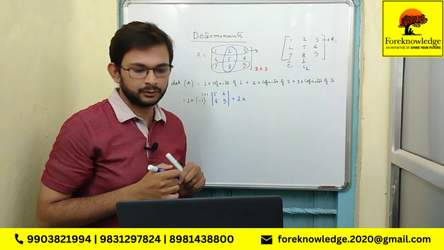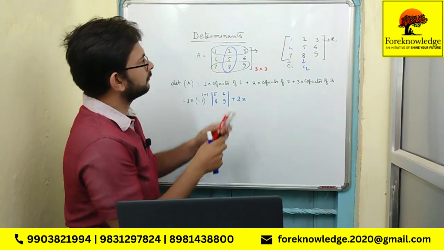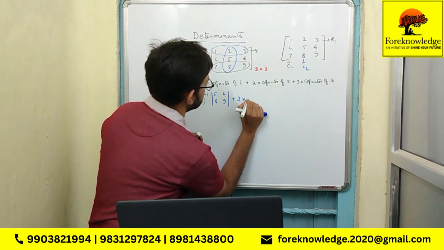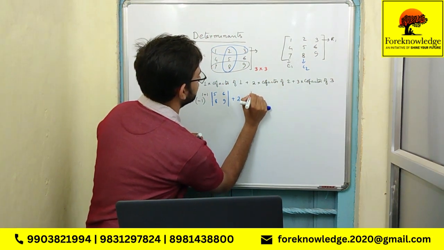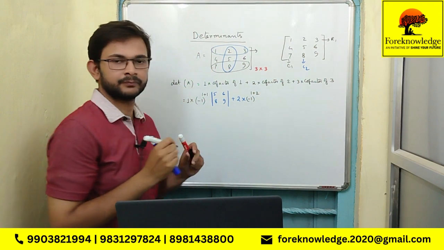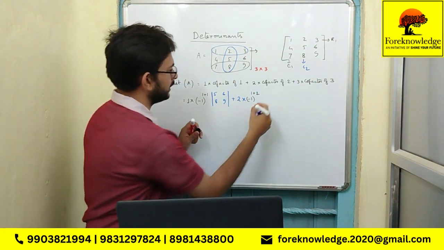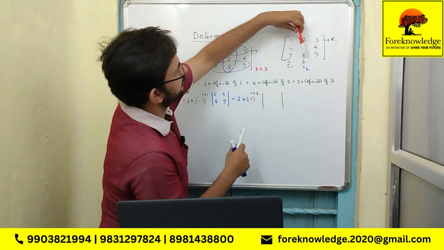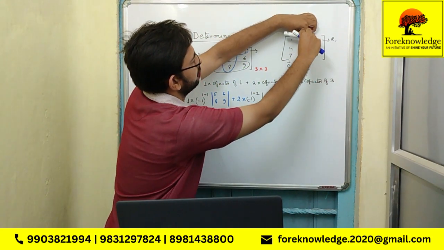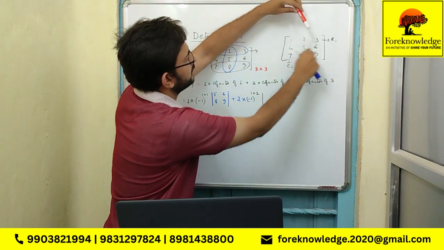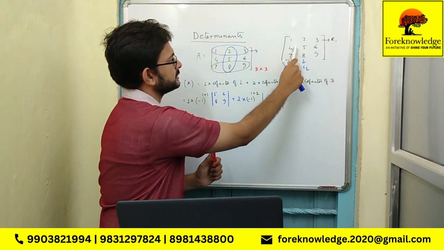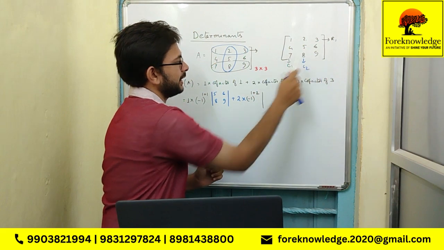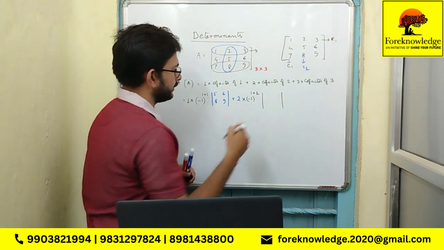So minus 1 to the power first row, second column, into the subdeterminant. Eliminate the first row and second column. The leftover is 4, 6, 7, 9. I hope you are getting the point.